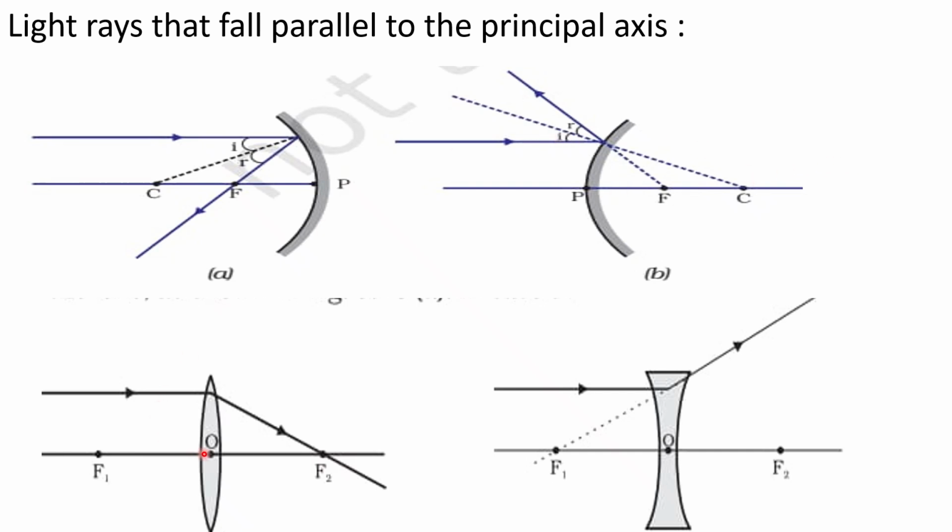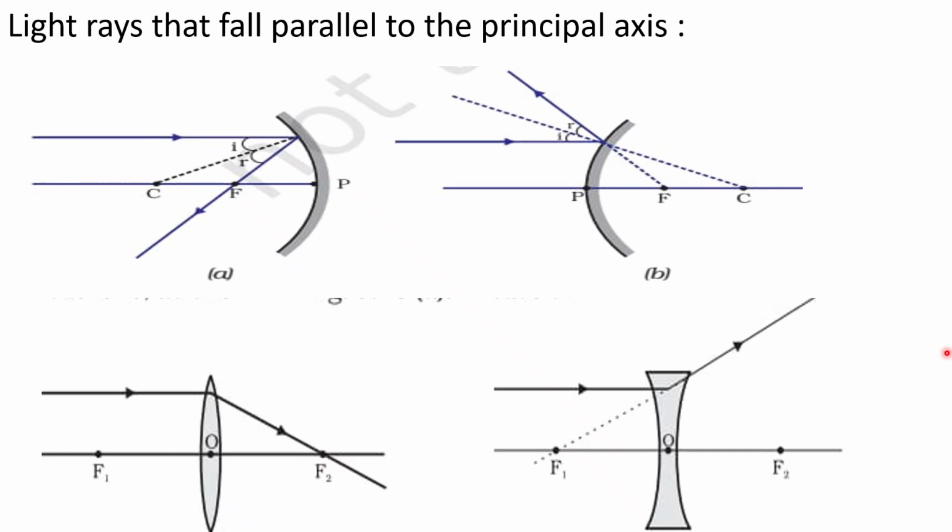In the case of the convex lens, the parallel light ray will undergo refraction and converge to a point on the principal axis called the focus. And in the concave lens, the parallel ray will get diverged after refraction, but this diverging ray will appear to come from this particular point called the focus on the principal axis.